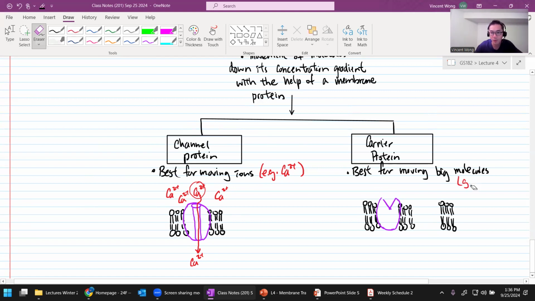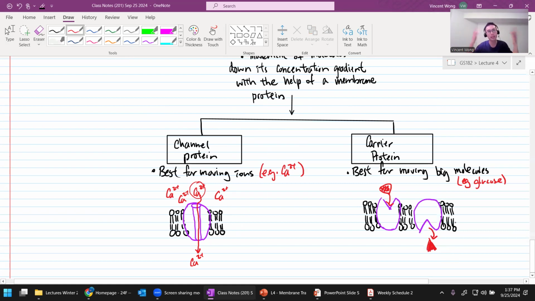So like glucose. All right, so let's say that we have the glucose right here. It is going to bind to the carrier protein. And then the carrier protein will change shape such that it is now facing the inside. And then it will spit out the molecule.